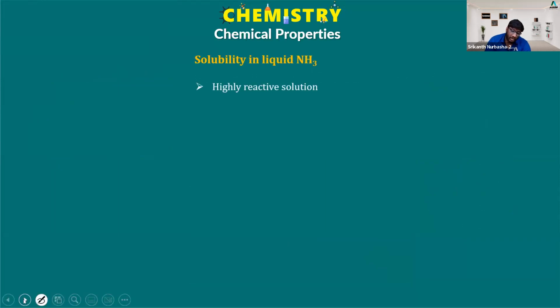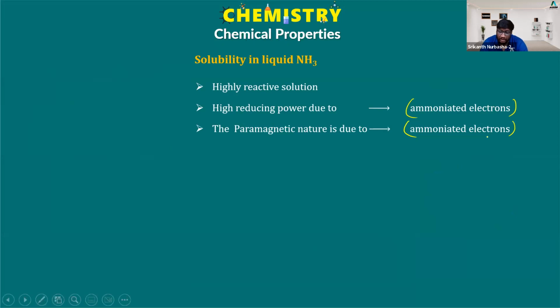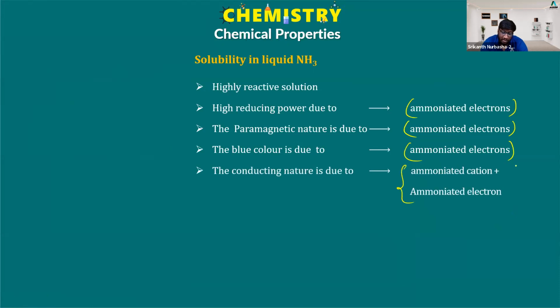Solubility in liquid ammonia gives a highly reactive solution. High reducing power, that is due to what? Ammoniated electrons. And it is going to be paramagnetic in nature, again due to ammoniated electrons. The color of the solution, again due to ammoniated electrons. Only the conductivity is due to both the ions as well as ammoniated electrons.